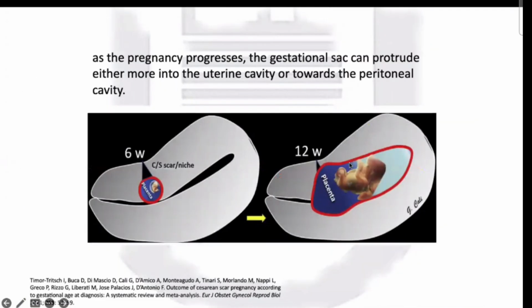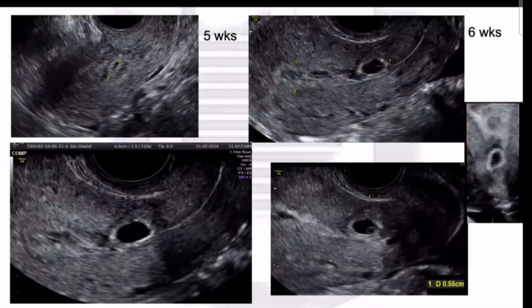When it protrudes inside the cavity, the gestational sac goes inside the uterine cavity, and the pregnancy can progress and go on. And just to show you how it happens, this was a pregnancy that we saw at 5 weeks. We feared that it was a scar pregnancy, so we saw this patient again at 6 weeks.